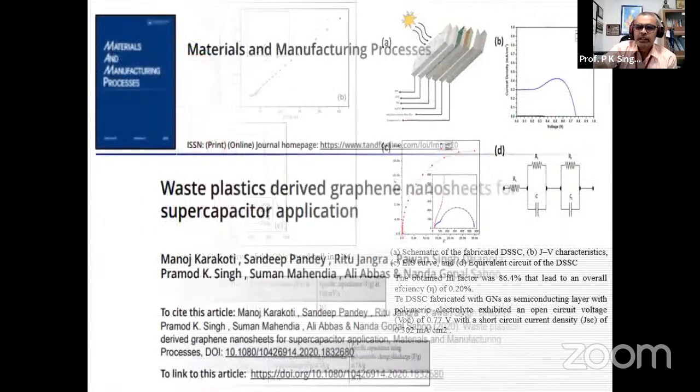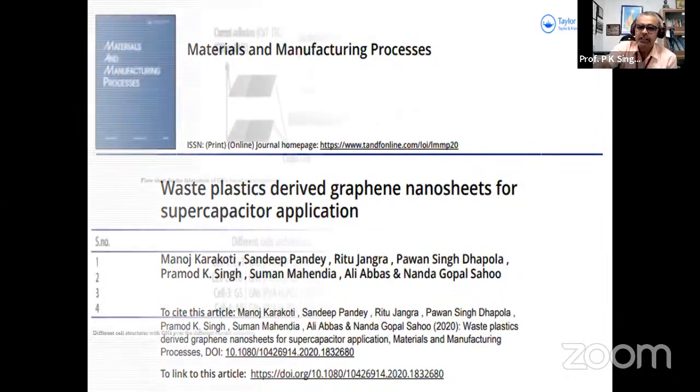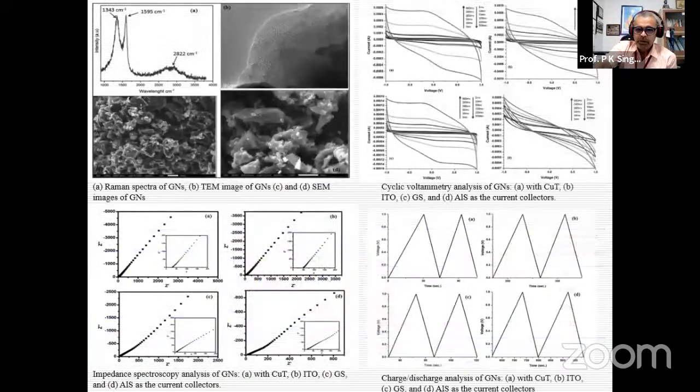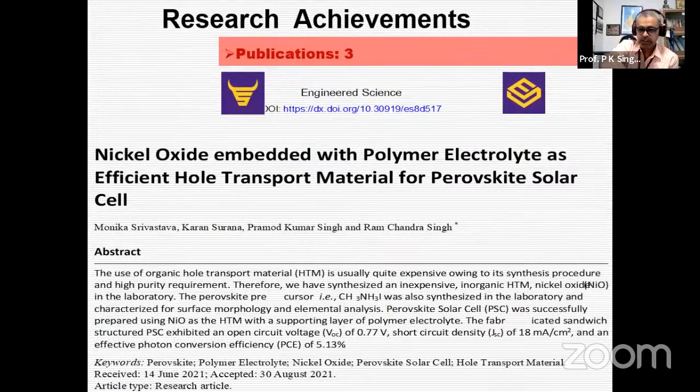And the second paper, very recently published, is also related to the same carbon material derived from single-use plastic waste, in a very good journal. Now I want to highlight a third paper for everybody working in solar cells.